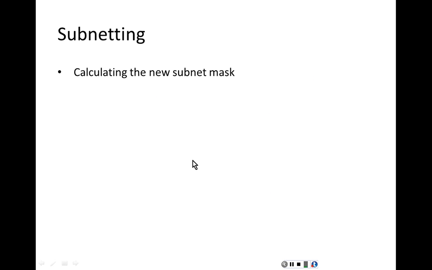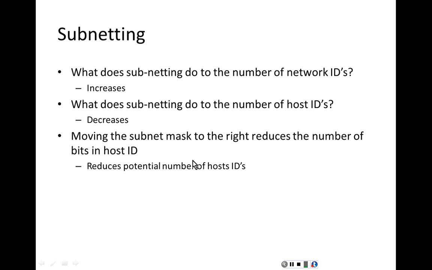Now, when we calculate the new subnet mask, we need to take into consideration the following. What does subnetting do to the number of network IDs? If we're pushing the subnet mask to the right, the reason we're doing it is to increase the number of network IDs. So subnetting increases the network IDs. But what does it do to the host IDs? It decreases the host IDs.